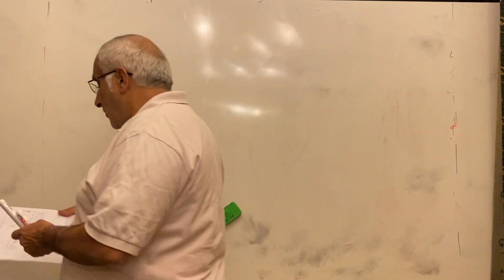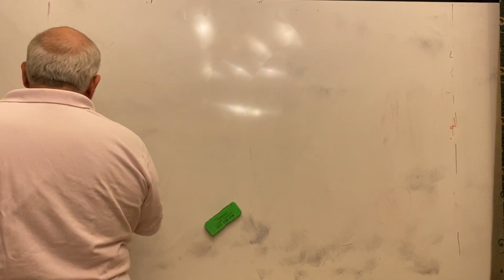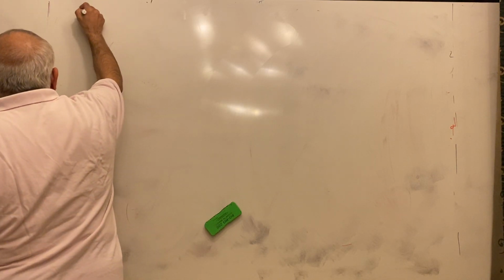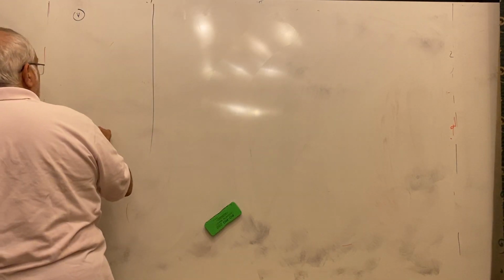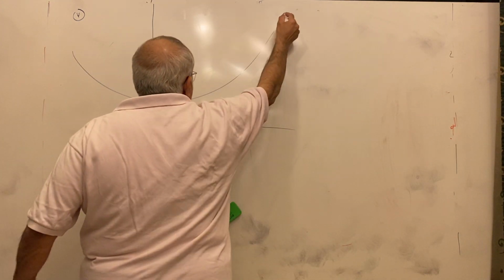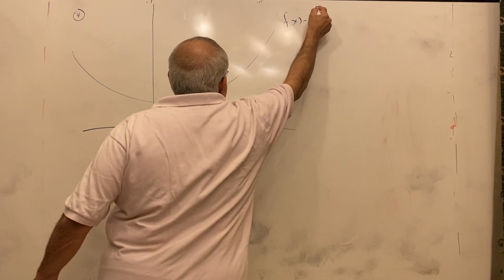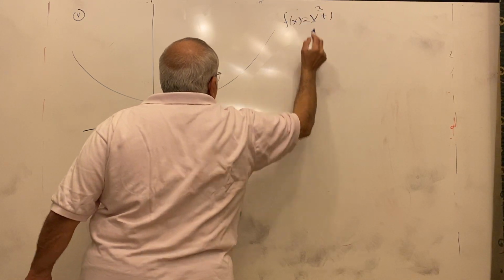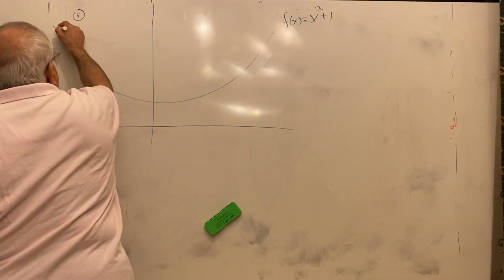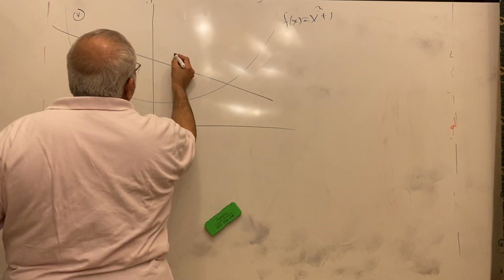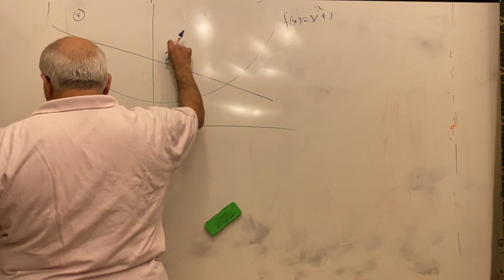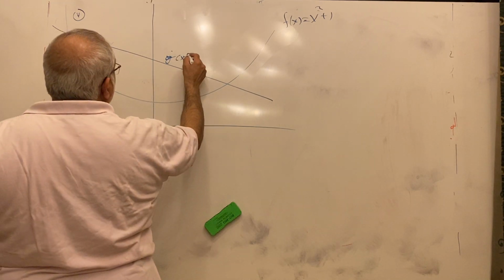Let's look at example number 4. I'm going to give you a function whose equation is as before, and another line, a straight line, whose equation is g of x equals 7 minus x.